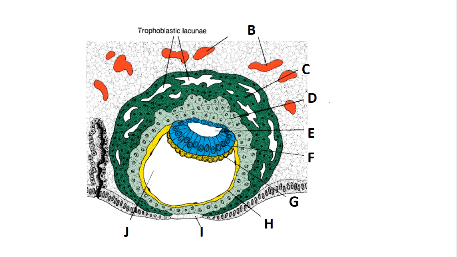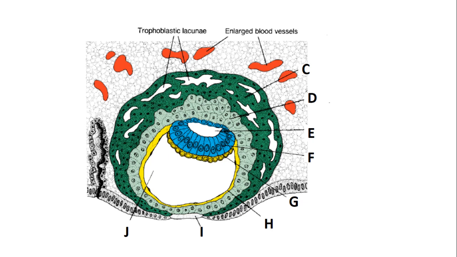One special feature is the formation of the lacuna, and this lacuna will keep on entering into the uterus walls until it comes into contact with the sinusoid blood vessels of the uterus. So B is just the blood vessels.